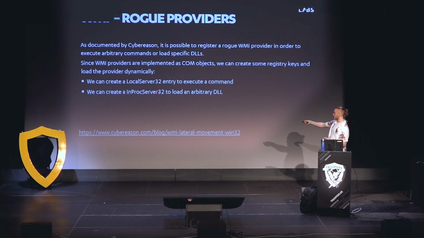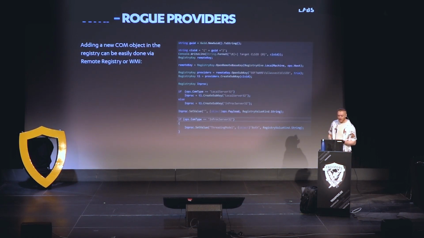InprocServer32 entries mean that your COM server will be a DLL that will get loaded into another process. So we can go in two ways, and that is the C# code that you need to create the COM object using remote registry.